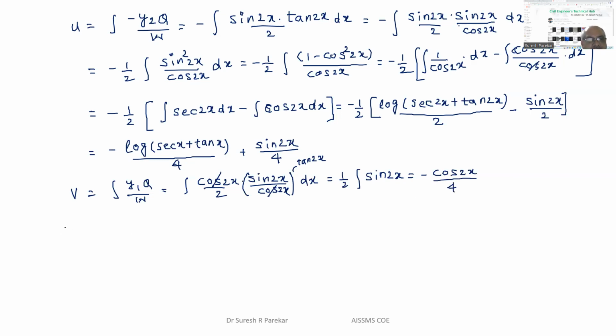And the integration of sin 2x is minus cos 2x upon 2, so already we have V as minus cos 2x upon 4. And then we have the value of yp equal to u into y1 plus v into y2. Now u we have minus log of sec 2x plus tan 2x upon 4 into y1, that is cos 2x.